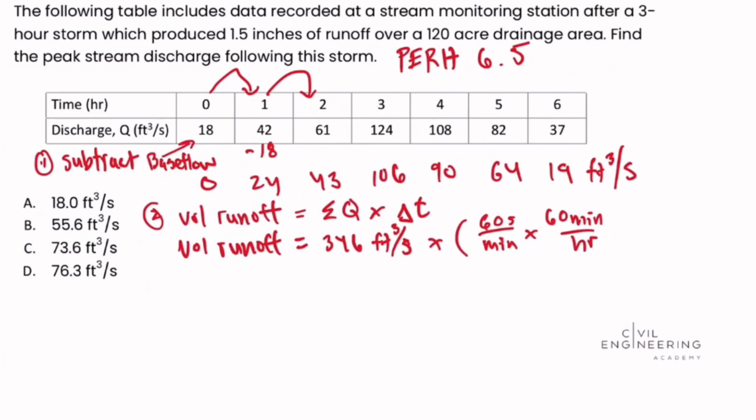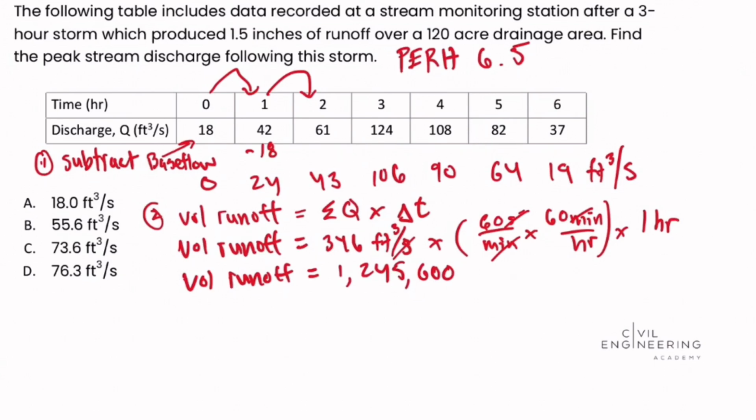Our seconds cancel, our minutes cancel, and then the time step is just 1 hour from the problem. That gives a total volume of runoff equal to 1,245,600 cubic feet. So that's a lot of runoff.